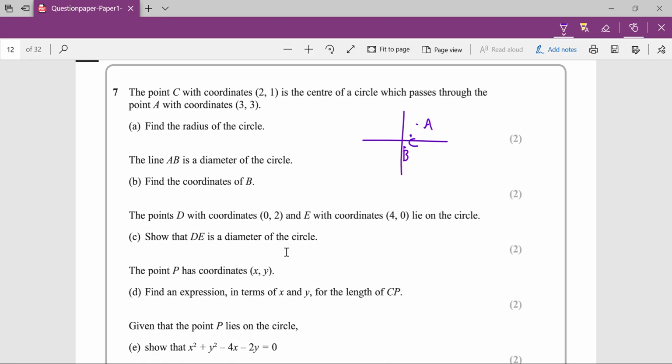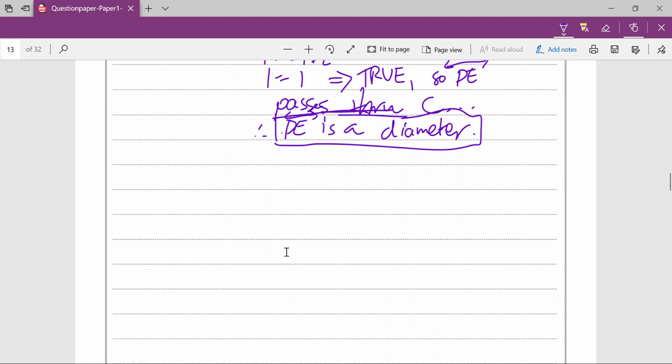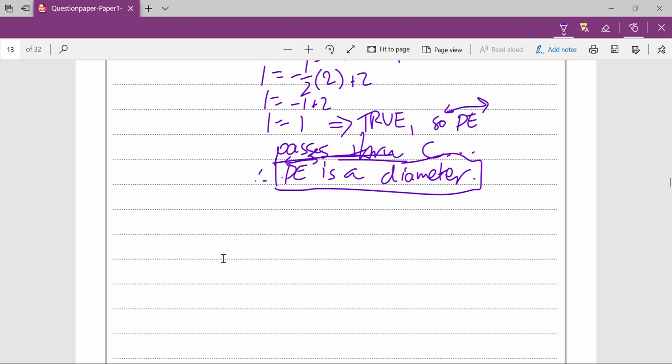Alright, so we know it's going to be the square root of delta x squared plus delta y squared. So CP squared, in fact, is going to be the delta x of CP squared plus the delta y of CP squared.